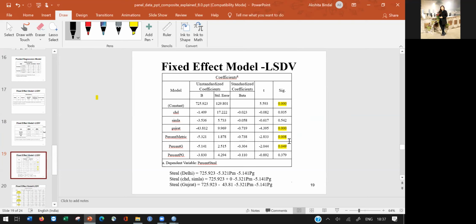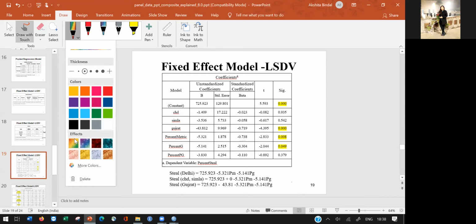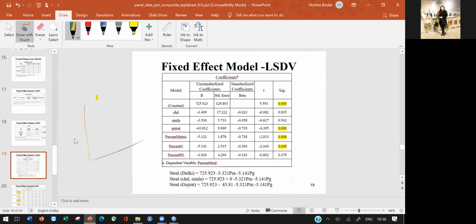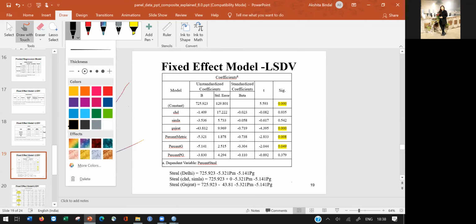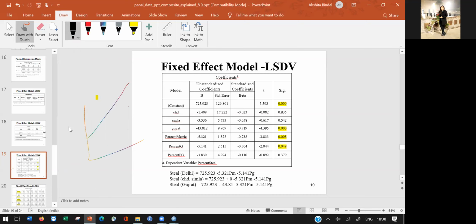But when I talk about Gujarat, the level has increased. That means that if this is where my Delhi starts from, then Gujarat robbery rate is starting from a little low. This is my intercept term. The individual effect, however, is captured by my partial eta square.